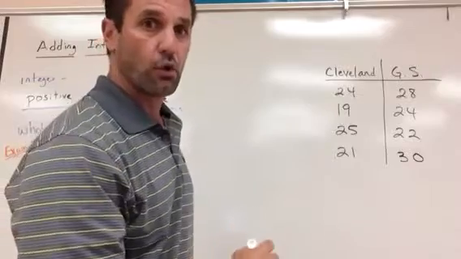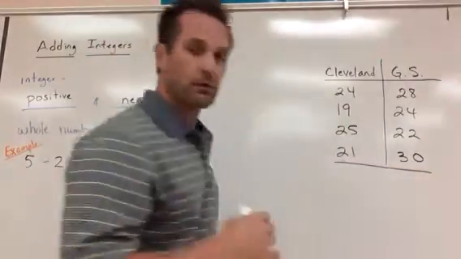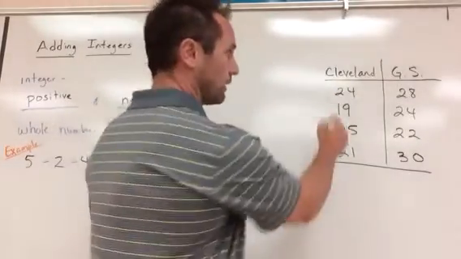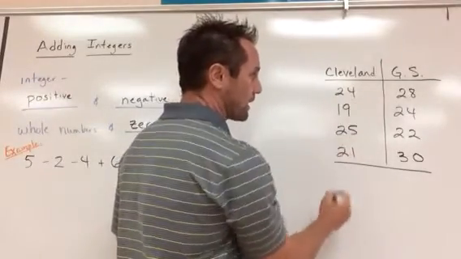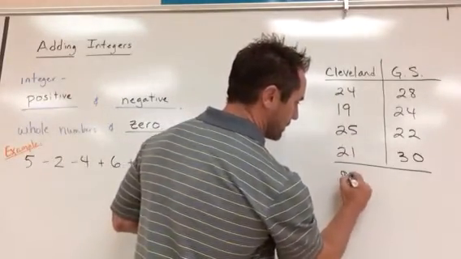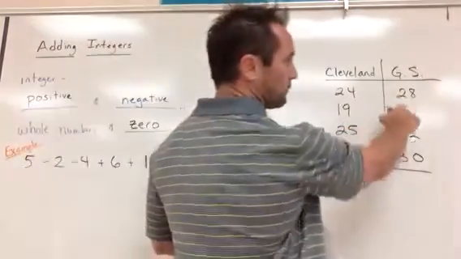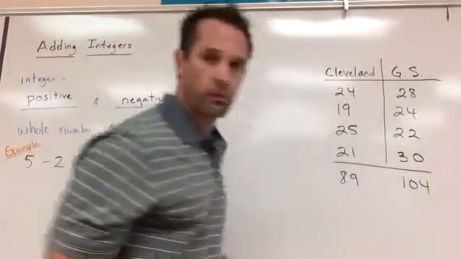Now let's figure out the whole game. Who won the whole game and by how many? How are we going to figure that out? Well, of course, we're going to add up all of Cleveland's points, and when you add them up, you get 89. And when you add up all of Golden State's points, you get 104.